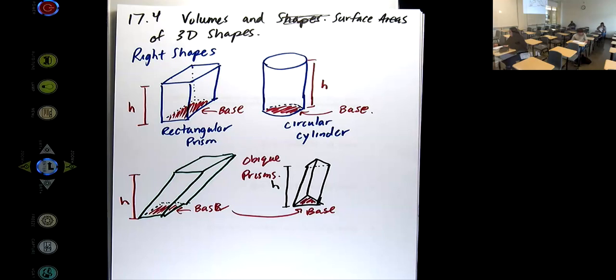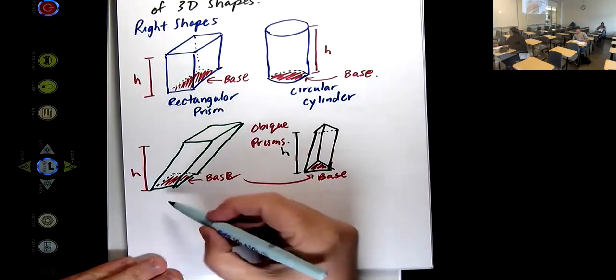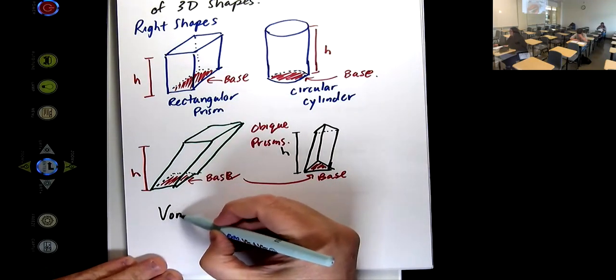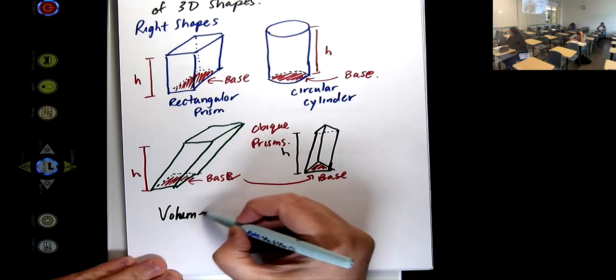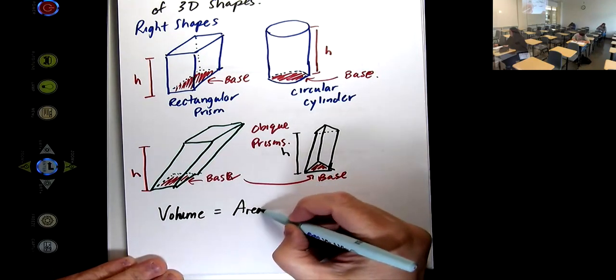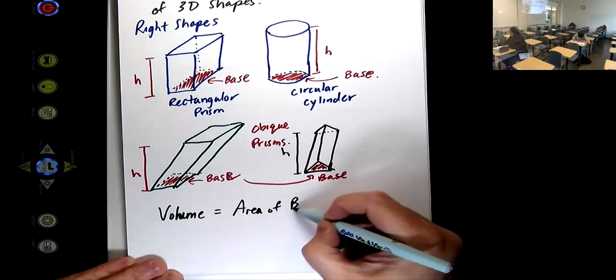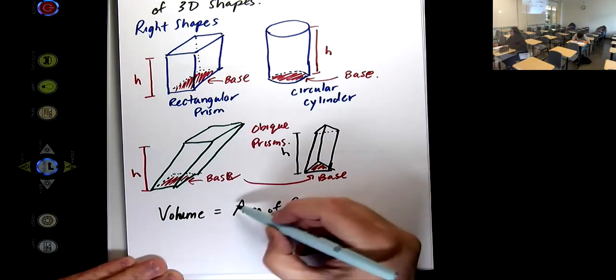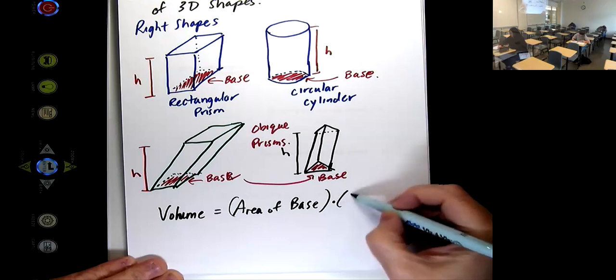So the volume of any of these shapes. Volume equals the area of the base times the height.